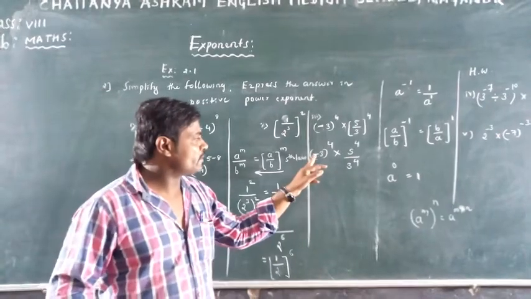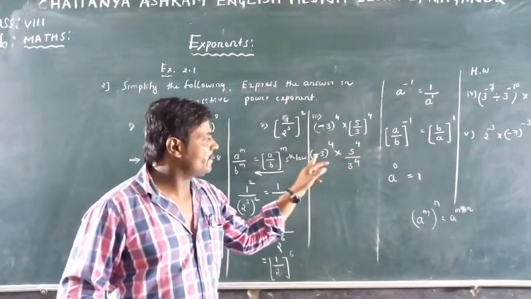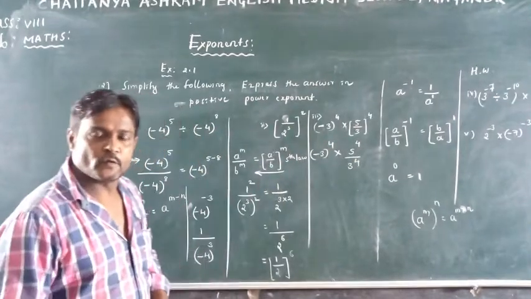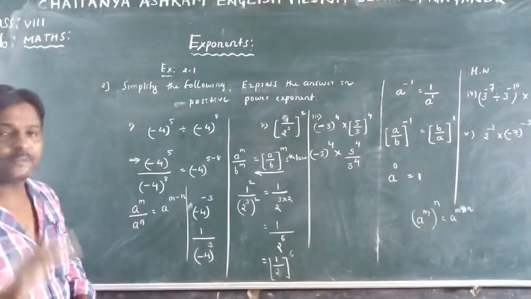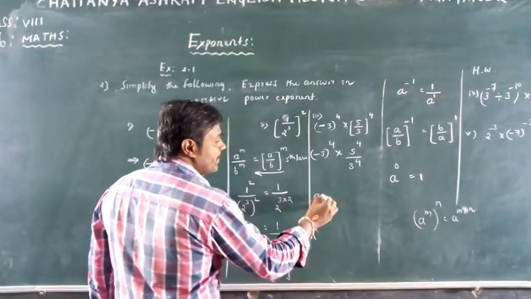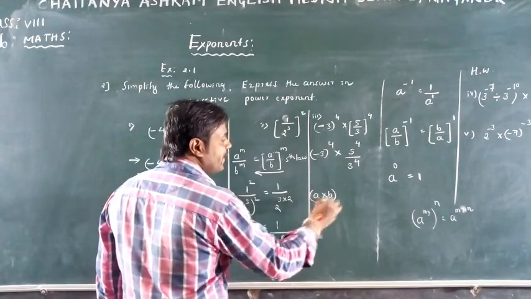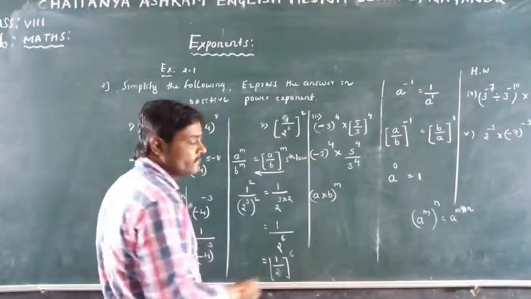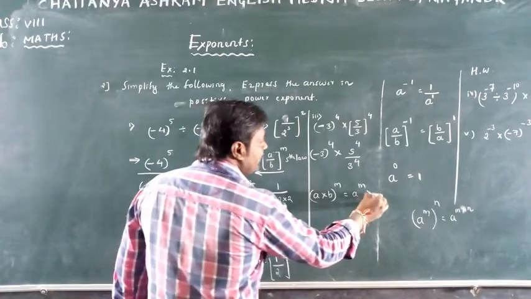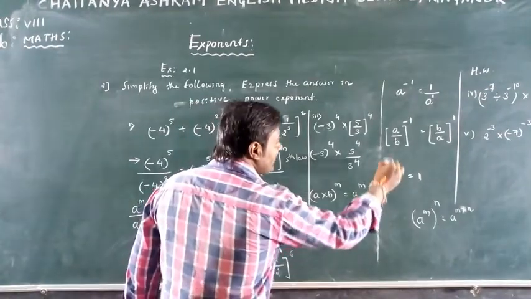So observe, these two exponents have different base, same powers. So observe that fourth law. What does it state? (A into B) raised to the power m is same as A raised to the power m into B raised to the power m.